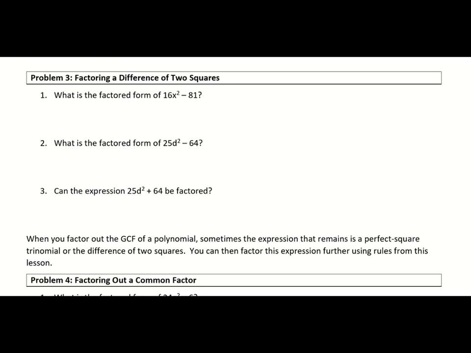So when I factor a difference of two squares, I just take the square root of each term and write my binomials. So 16x squared would be 4x, and 81 would be 9. One of the binomials gets a plus, and one of the binomials gets a minus.